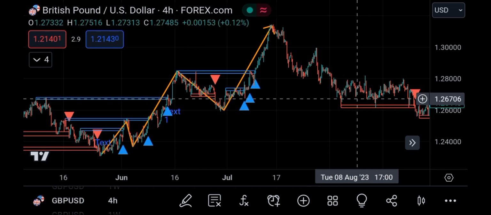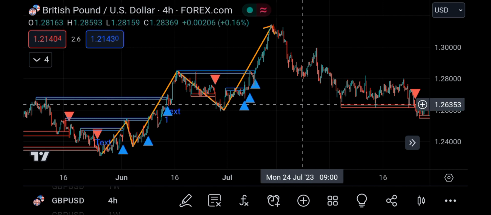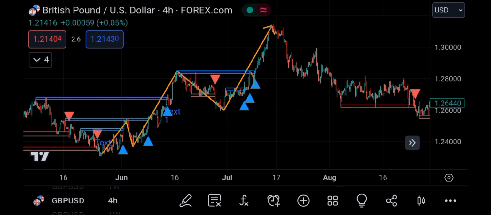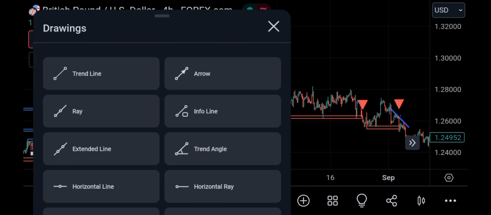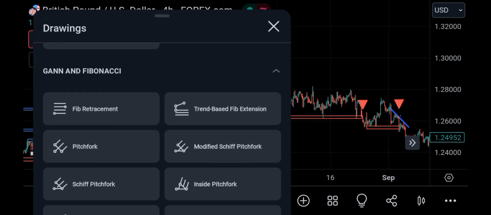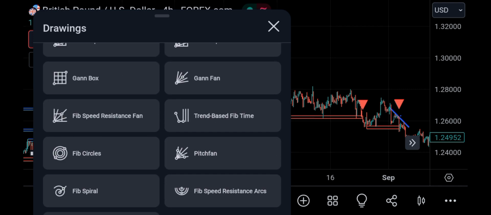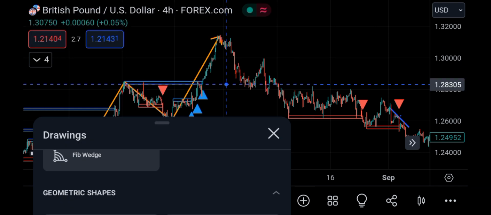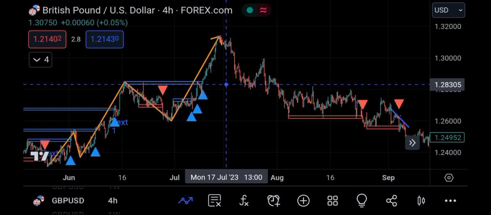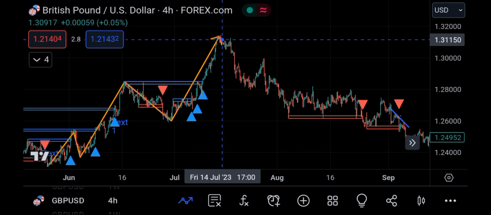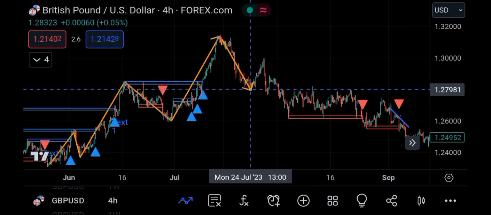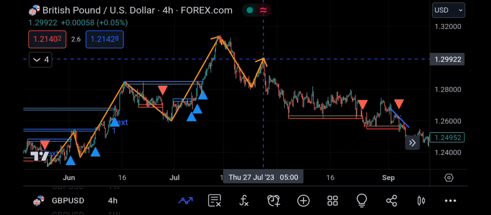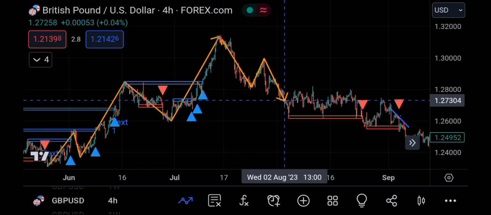So in this theory, from the fifth wave here, you see the momentum changes from this point here.